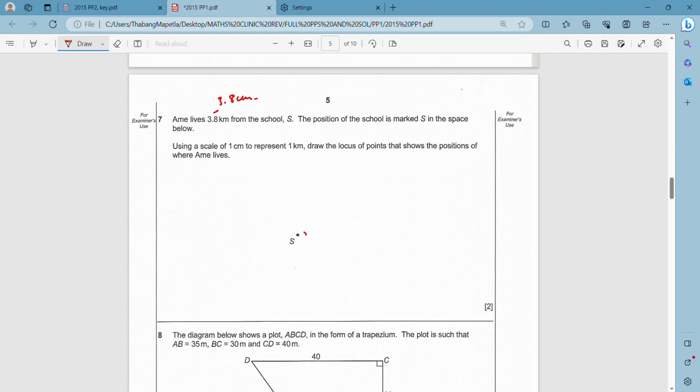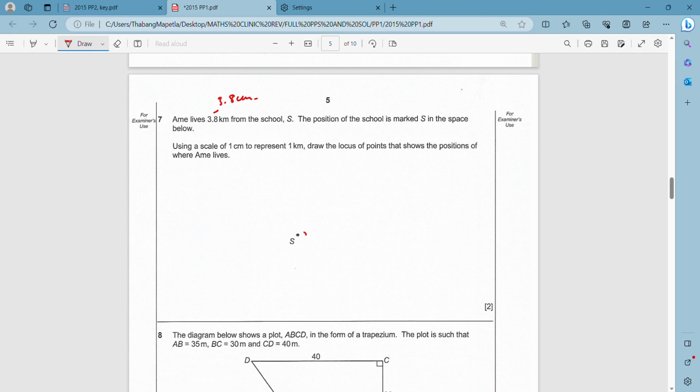That is, pinning the compass pin at 0 of your ruler and then opening it, so the tip of your pencil is at 3.8 centimeters. And then you take that as is and fix the pin of your compass at that small dot, which is by S for school. After pinning it, you rotate.